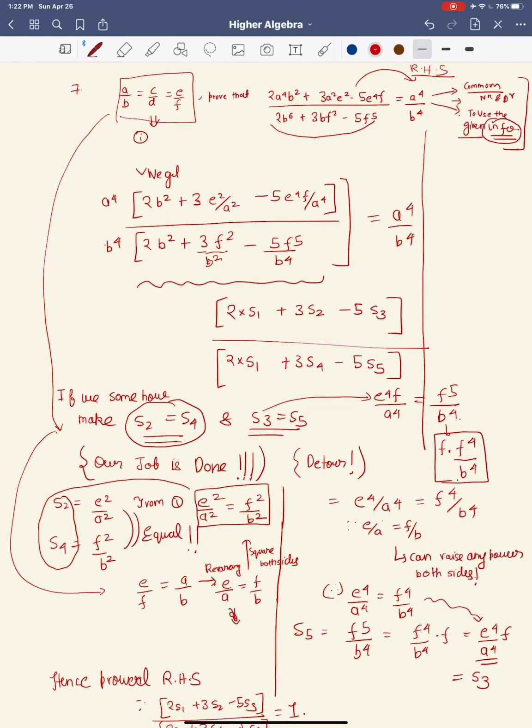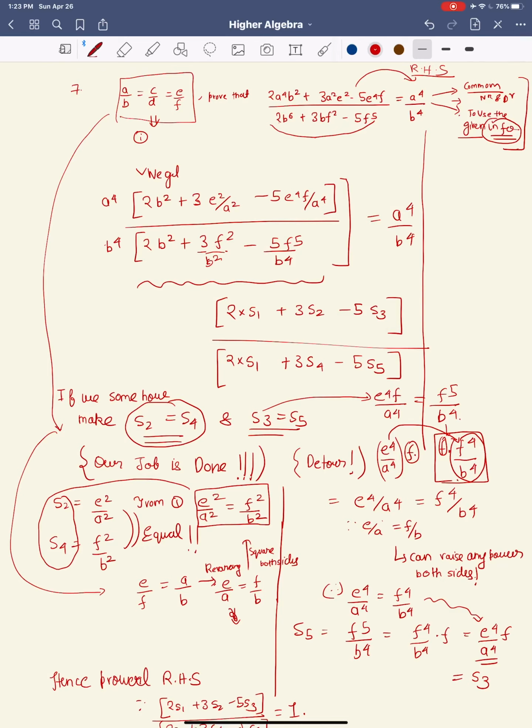Again we see that something is common here: e to the power 4 and e to the power 4, and f here. So f is the same, but this quantity e to the power 4 over a to the power 4 has to be equal to f to the power 4 over b to the power 4, and then our job is done.